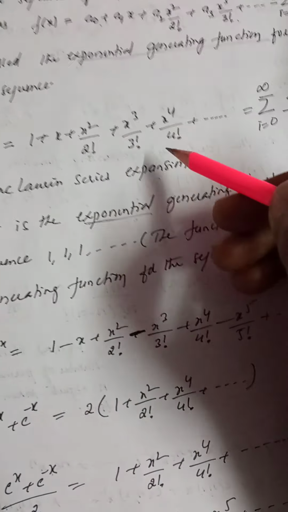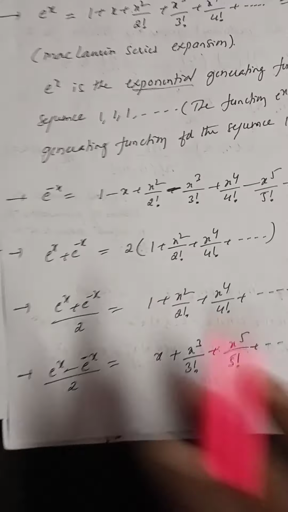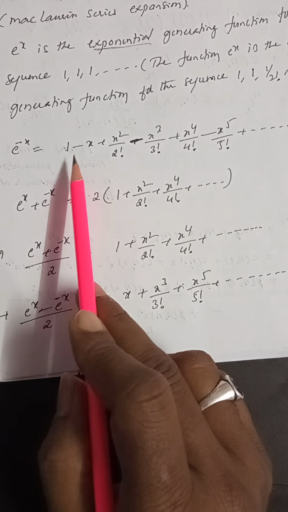All the coefficients are equal to 1. That is the difference. Now e power minus x is equal to 1 minus x.